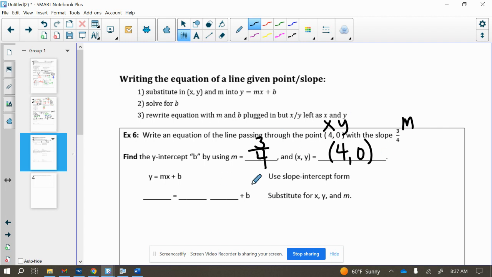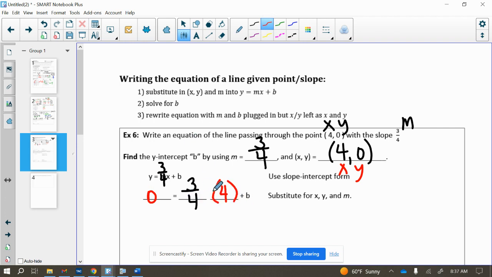So what we can do to write the equation of this line is plug in our slope for m, but the problem is we aren't given a y-intercept. This is an x-intercept. We need a 0 comma b on that. So what we can do is plug in this x and y value. So y is 0. We said our m value is 3/4. X value is 4.